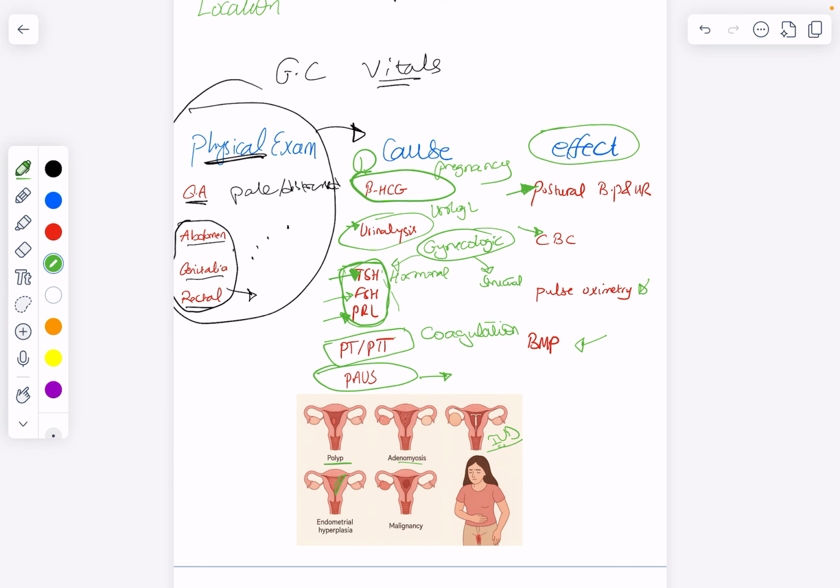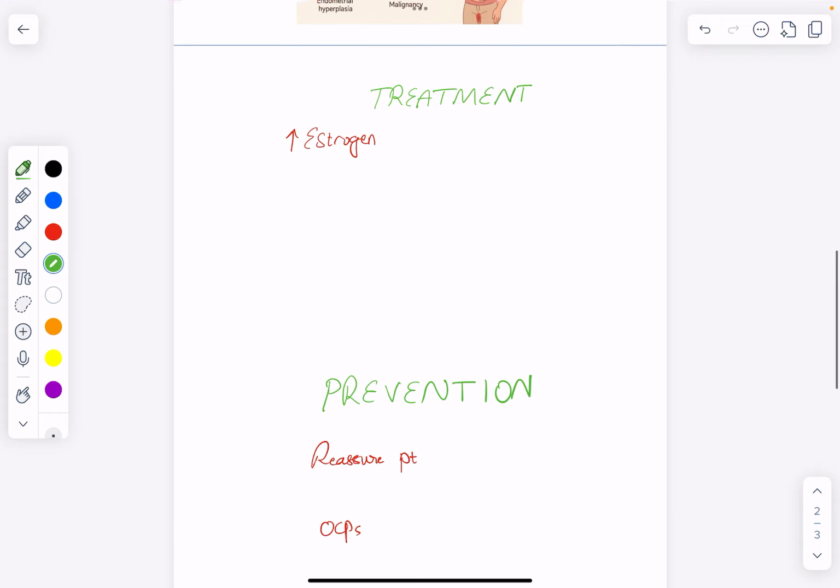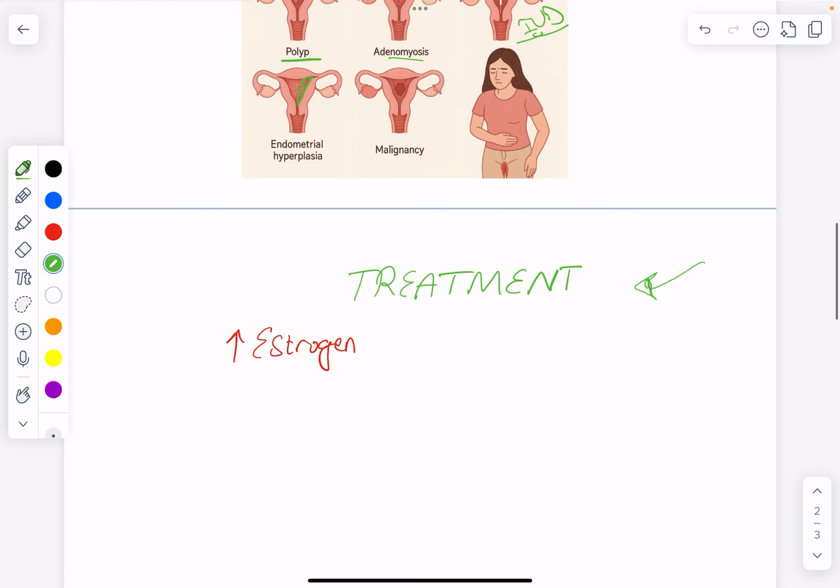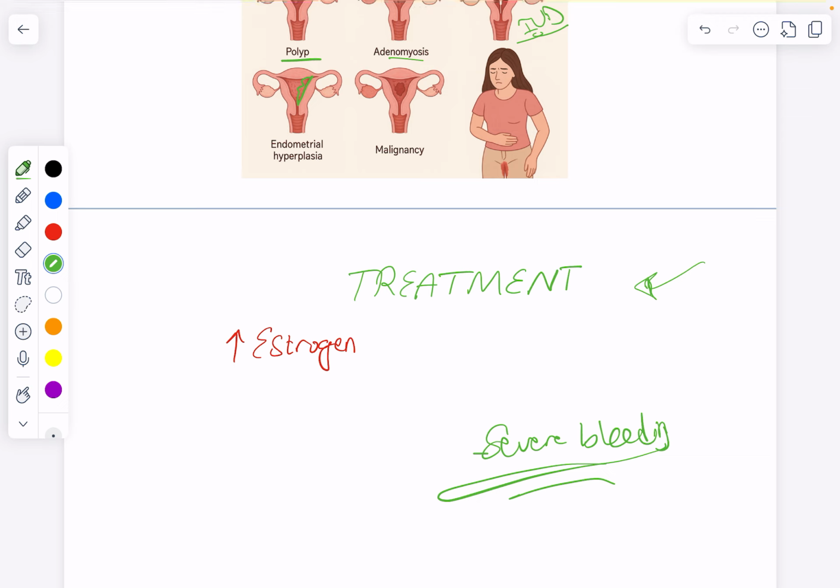Now to the treatment part. The treatment part involves therapeutic treatment, and preventive management. We're going to start with therapy. Since this patient has acute severe bleeding that's affecting her vitals and affecting her general condition, the best option for her at the moment would be a high dose of estrogen, preferably high dose of pure estrogen.